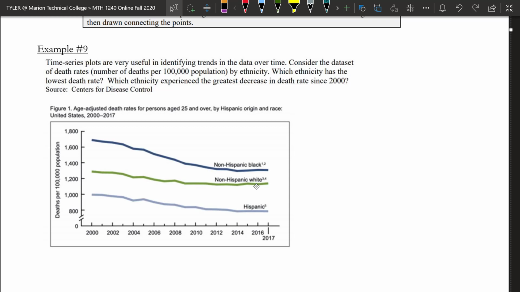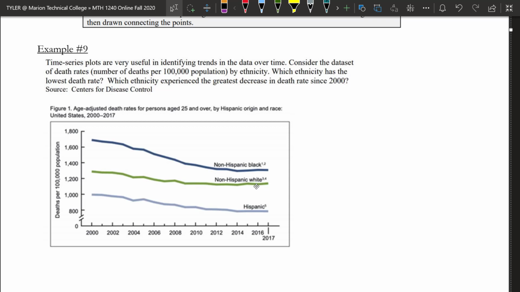We're considering the data set of death rates, which is the number of deaths per 100,000 in the population. That's pretty common, like if you're in the medical field, for death and other types of rates to always be per 100,000 in the population.